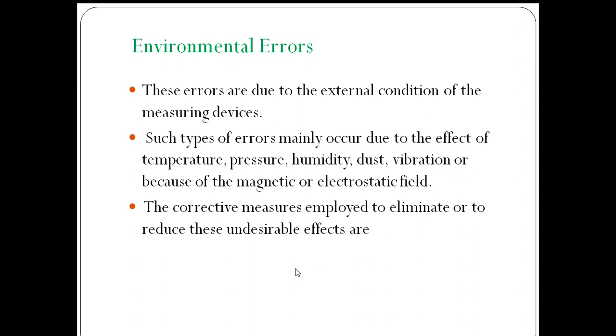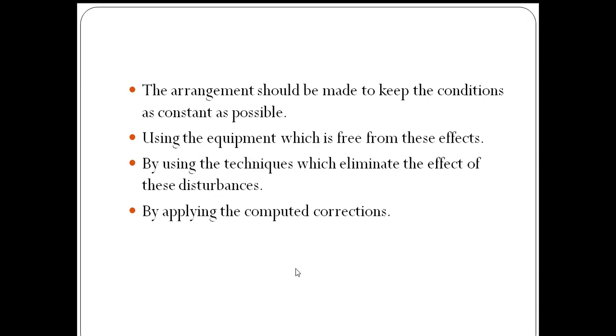Such types of errors mainly occur due to the effect of temperature, pressure, humidity, dust, vibration, etc., or due to magnetic or electrostatic effects placed beside the measurement. Corrective measures are employed to eliminate or reduce these undesirable effects.